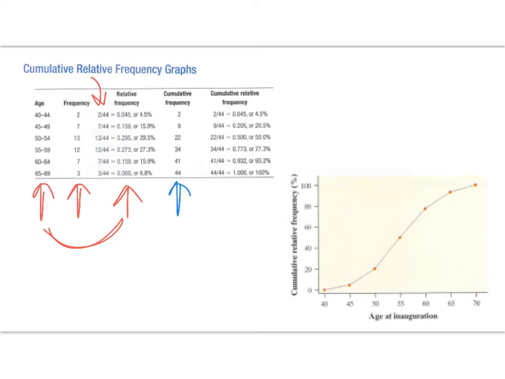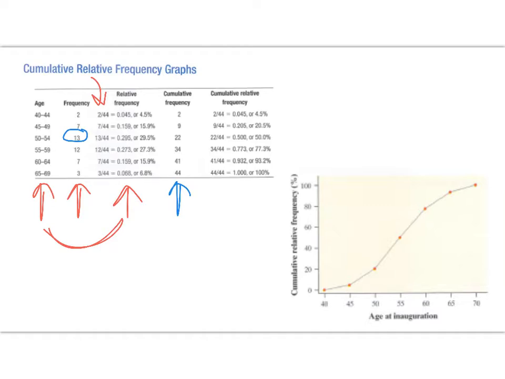This cumulative frequency is how often that particular value happens, and then any value lower than that is also added into there. It's a cumulative frequency. So for instance, if I look at that 50 to 54 age range again, there are 13 presidents that were inaugurated between the ages of 50 and 54.